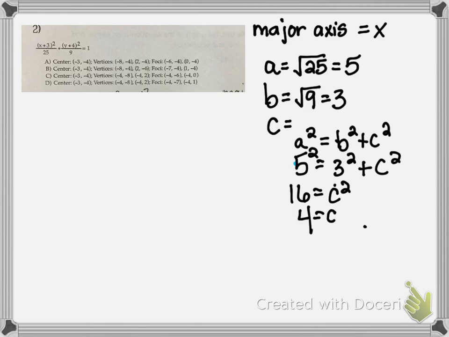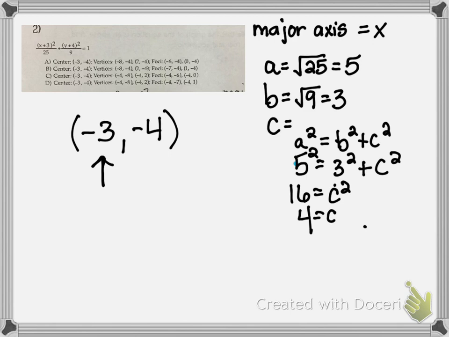Alright, so looking at this, because I have a center, my center is located at -3, -4. And knowing that my center is located at -3, -4, and this is my major, that tells me that I can find my vertices and I can find my foci by adding my values to it. So for this particular situation, for my vertices, this looks like it's talking about the majors, but we'll check our answers.